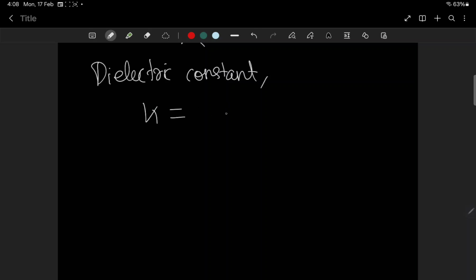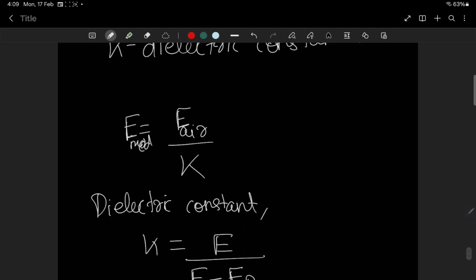So for the dielectric constant we have an equation. Dielectric constant K equals E by E minus EP, where E is the external electric field. This is the same equation.